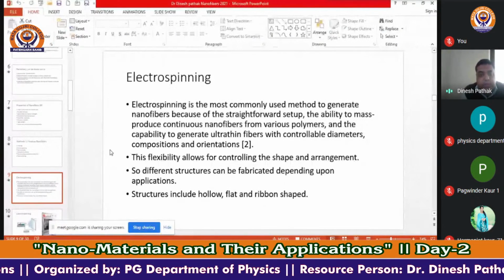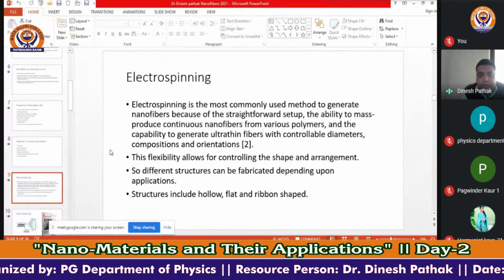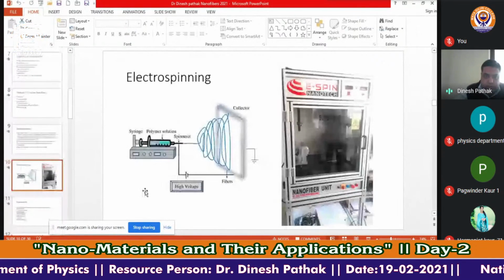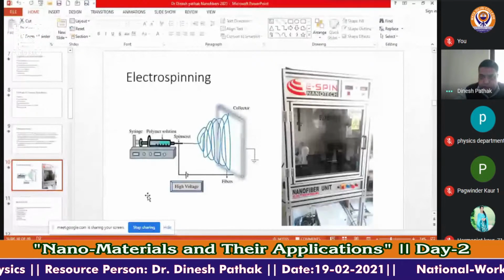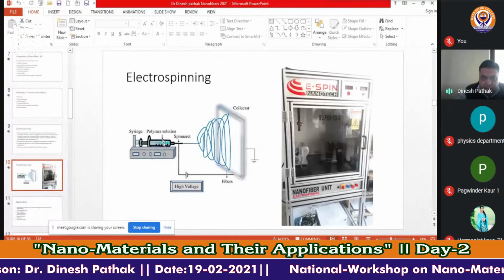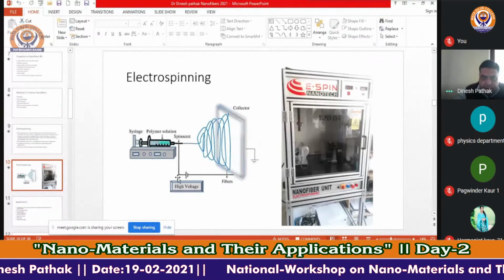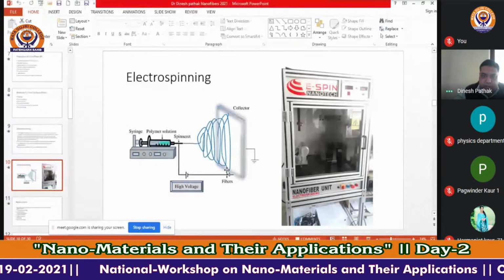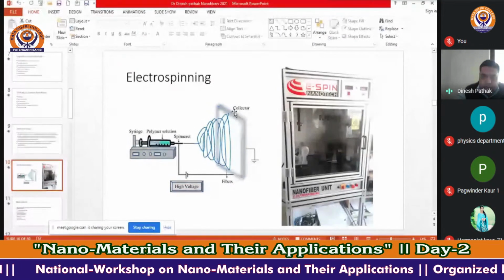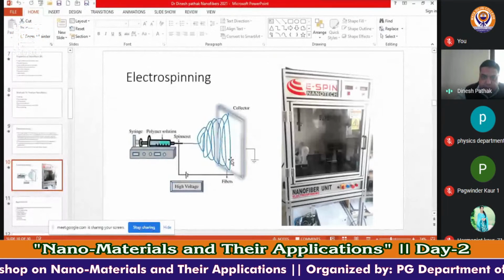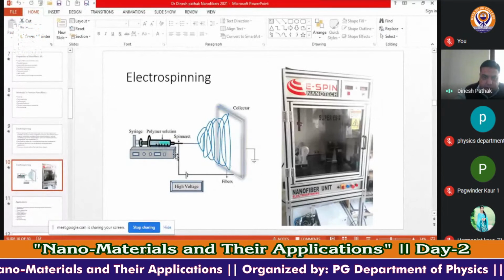Electrospinning is a method where, first of all, I will show you the instrument. This is the instrument. We put the solution in an injection syringe here, and we give opposite potentials to the different sides. If we are going to collect the fibers on the collector here, we give it a negative potential, and on the syringe with the solution we give a positive potential.